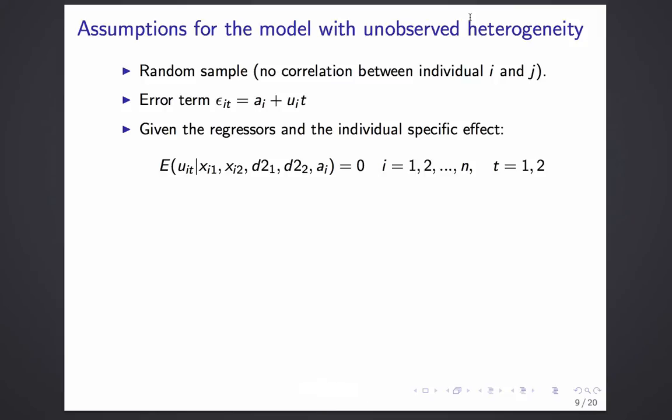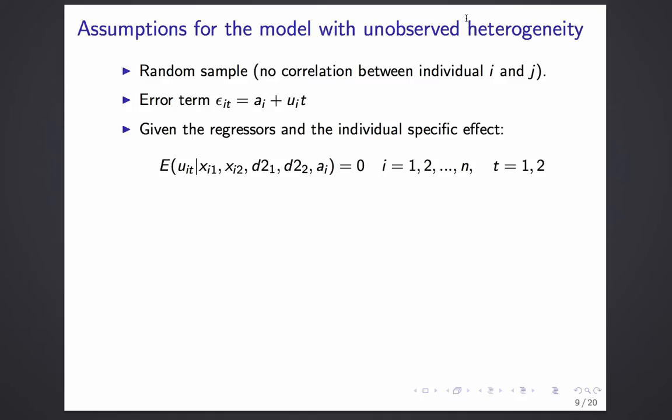Now, an important assumption we're going to make is something that looks, or should look, familiar to what you've seen for the standard regression model using cross-sectional data. So this is an assumption that looks a lot like MLR4 in chapters 2 and 3 in Wooldridge. Specifically, we're going to assume that the idiosyncratic error term, uit, is mean independent of the one explanatory variable x in both the first and the second period.